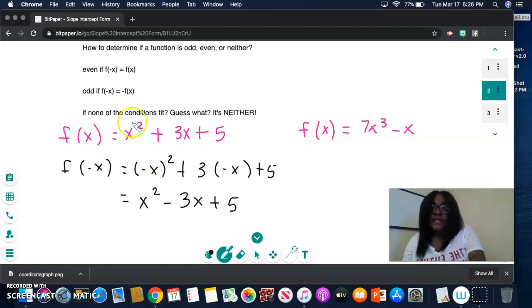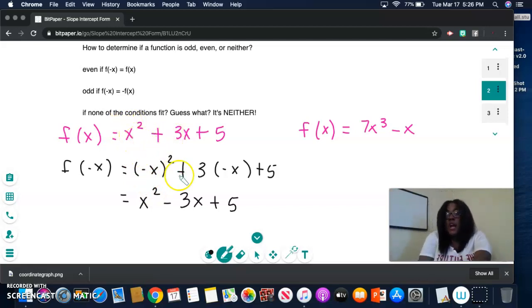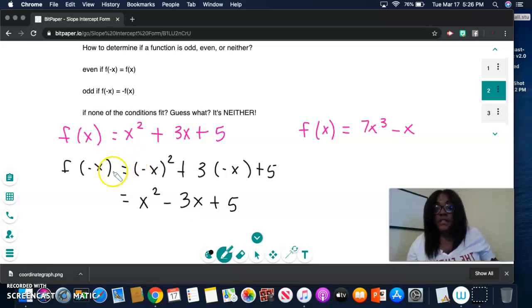Well, in this case, the sign change only happened for negative 3x, and x squared stayed the same. So in this function here, it's neither. We're just going to answer that as neither.